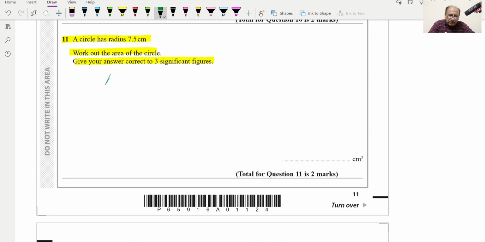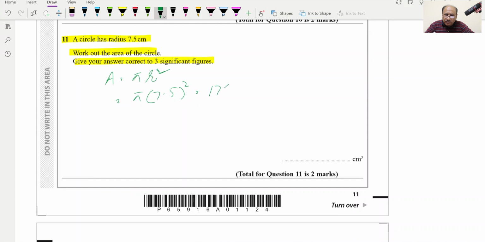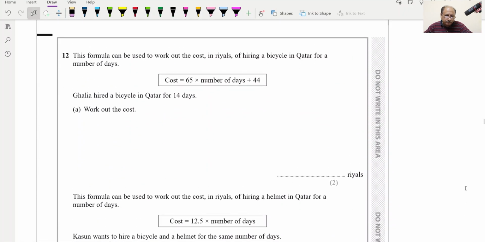So we know area is equal to pi r squared, and pi into r, which will be 7.5 squared, and this will be equal to 225 by 4 pi, and the decimal value will be 176.71, and we can write up to three significant figures, 177 centimeters squared. This will be the final answer to this question. Hopefully you got this.